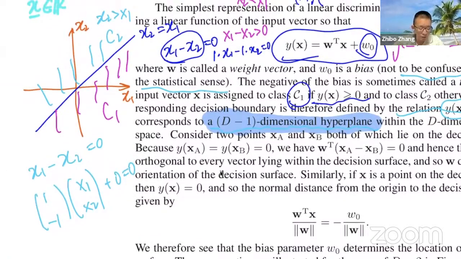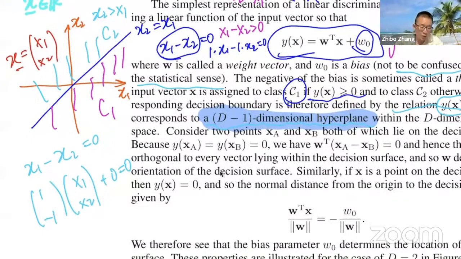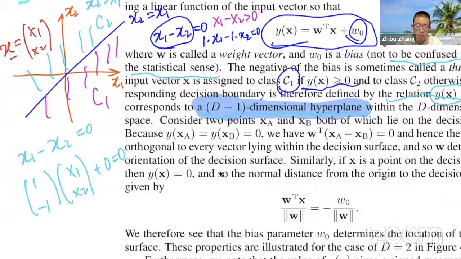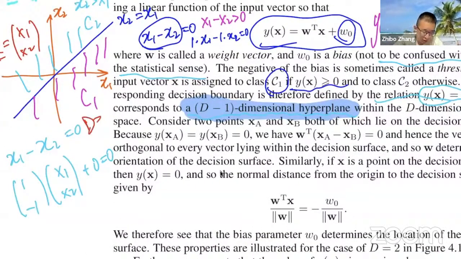In this 2-dimensional input space, any x has two components, X1 and X2. But if we look at the decision boundary that separates this space, it's actually just a straight line, which is 1-dimensional. So here, in our case, D equals 2.